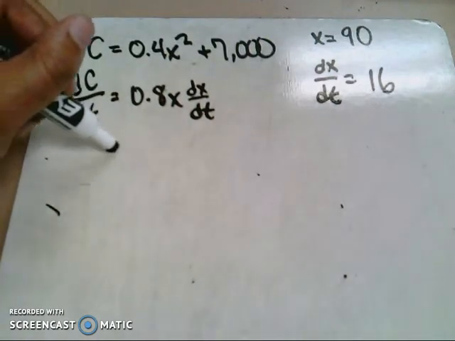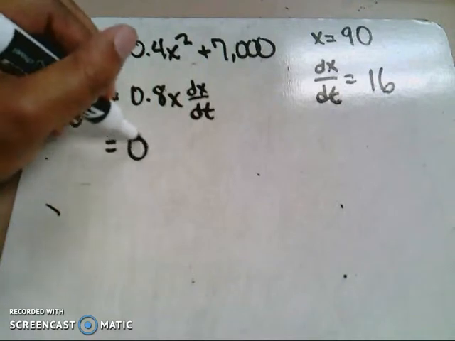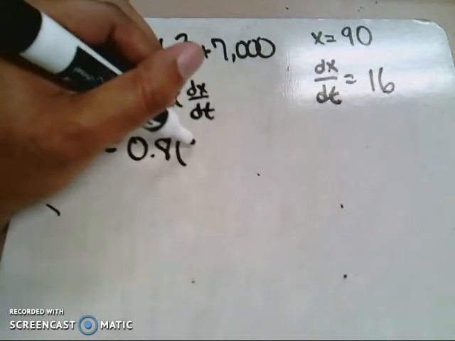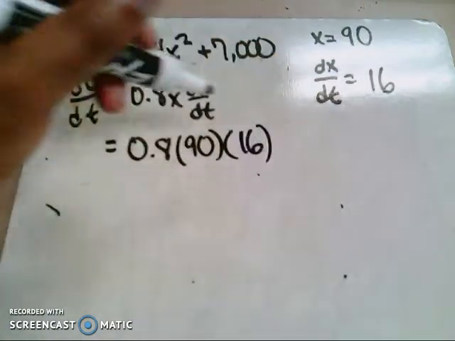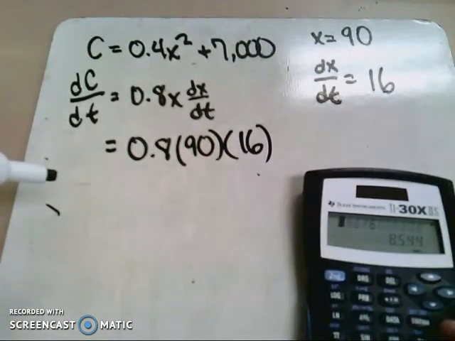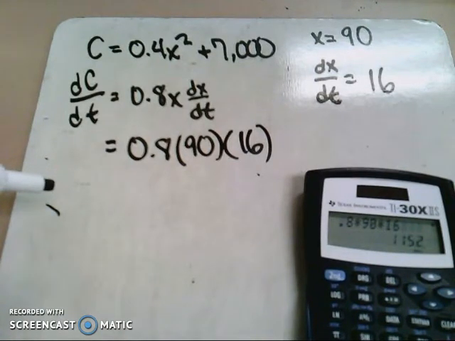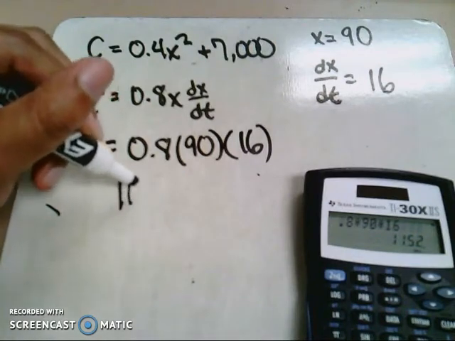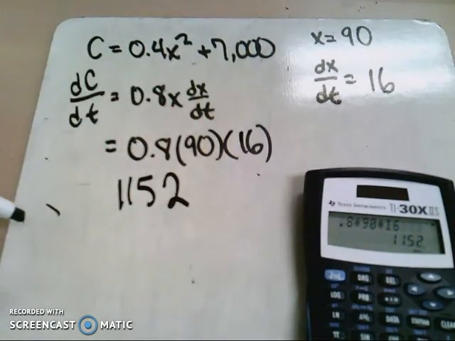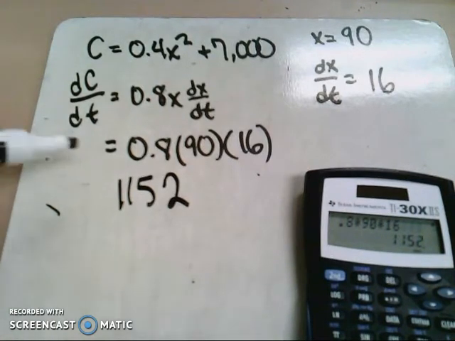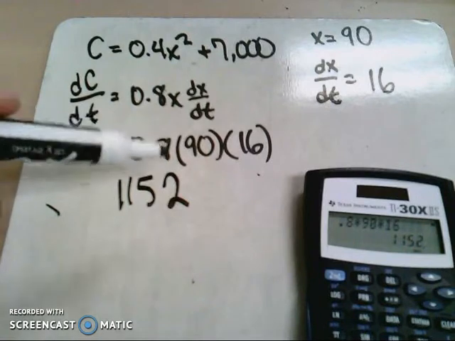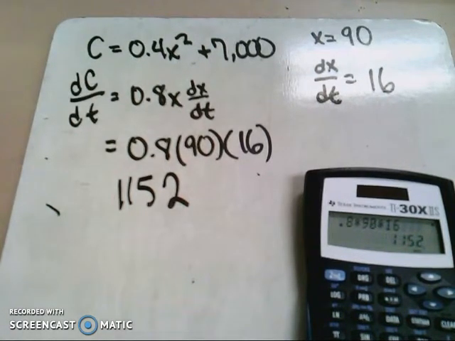So now we plug in our values. 0.8, x is 90, dx/dt is 16, so we do 0.8 times 90 times 16, and that gives us a rate of 1152. And because we have a positive value, the cost is indeed increasing here by $1,152 for the expression that we have.